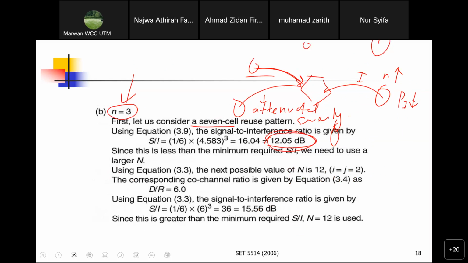Before it can reach you, it is already attenuated severely because n is very bad. So n high is actually a friend in an interference limited signal. Okay, so this is the key point here.